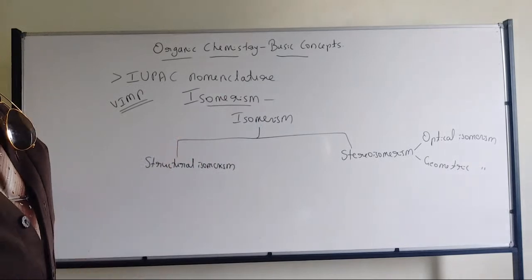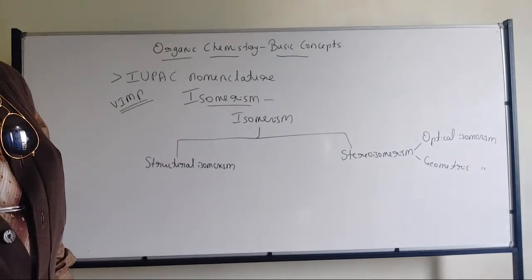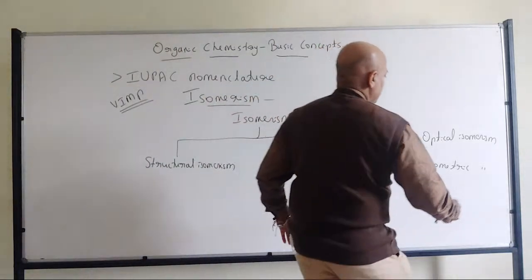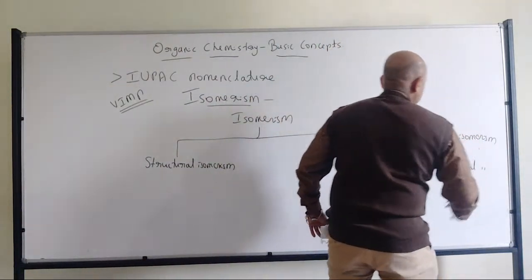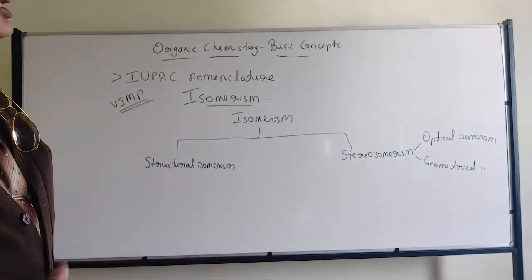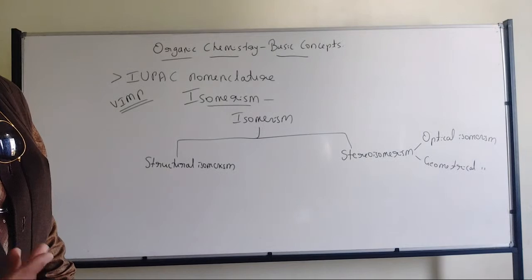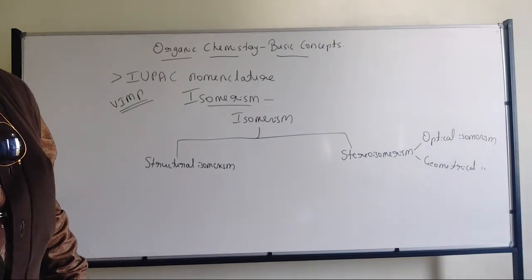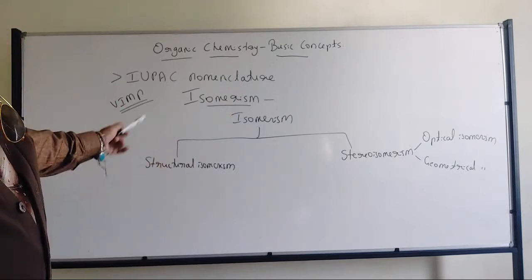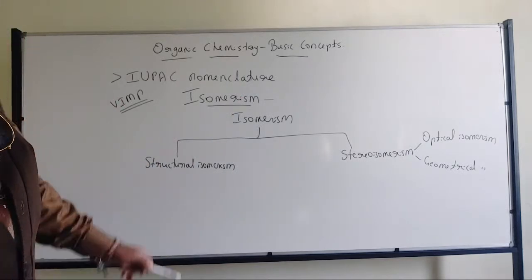Geometrical isomerism naturally differs with respect to the geometry, and optical isomerism with respect to optical property, the rotation of light. We will not discuss that one now. I will come back to this.